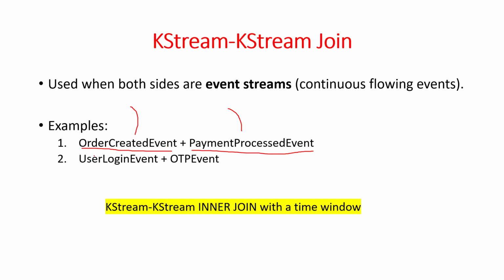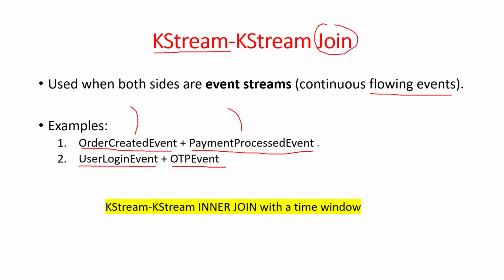Another example, user login event and OTP event. Once you login, you will get an OTP as well. When we have these two activities, yes, you can perform another operation here. This is called Kafka Streams. We used to call it a KStream here, guys, and the type is a join, continuous flowing events.